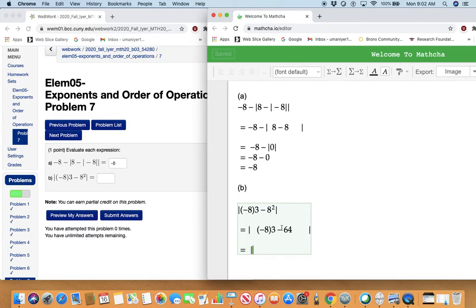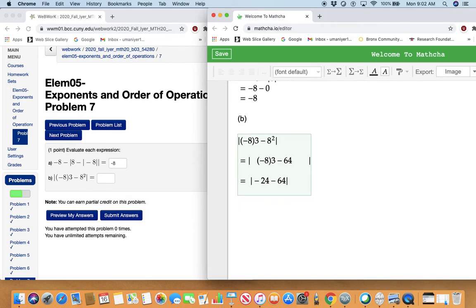Negative 8 times 3 is negative 24 minus 64, all of this within absolute value. So this gets us absolute value of negative 24 and negative 64. So that's a bigger negative, right? 88. Absolute value of negative 88 is positive 88.